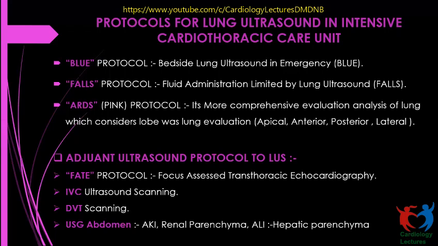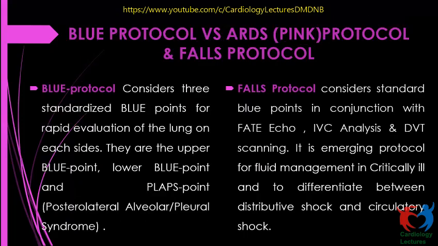If the heart is poor, then it is a cardiogenic cause. If the heart is good, then it is some other cause. Then you can do IVC ultrasound, which will show you the volume status. Then DVT scanning for ruling out acute pulmonary thromboembolism, and USG abdomen to check whether the fluid is because of acute kidney injury leading to renal failure, or hepatic injuries leading to liver failure, all those things.